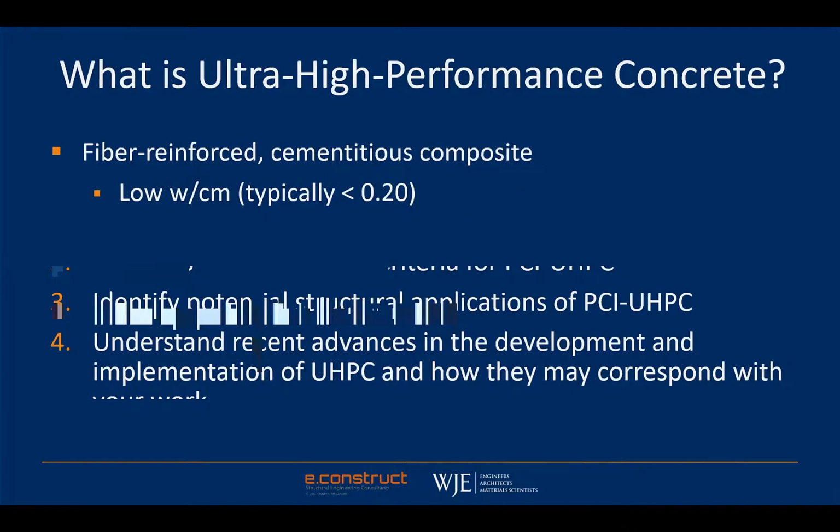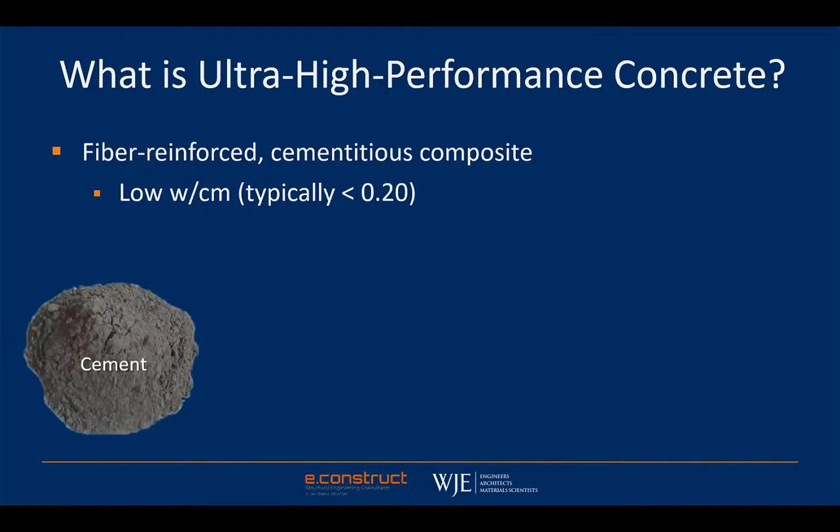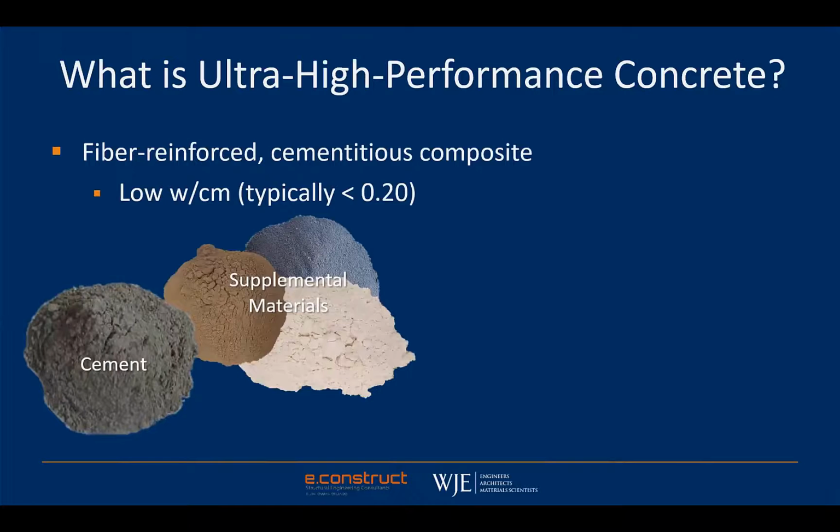So to start at the beginning, what is ultra high performance concrete? Well, it's a fiber reinforced material with a water cementitious ratio less than about 0.20. Most of the materials that are used in UHPC are the same as conventional concretes. It starts with the cement and generally includes some amount of supplemental materials, typically silica fume.